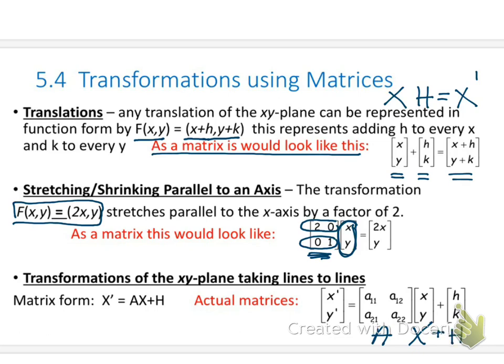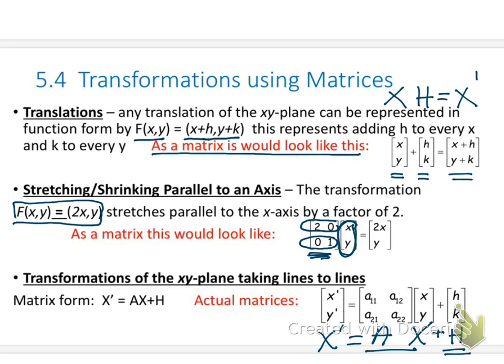And again, that's going to be the H matrix, even though it includes H and K. So this operation of matrix multiplication, followed by matrix addition, will give us our new X's and Y's, and we'll call that matrix capital X prime. That's the new X matrix that contains X's and Y's. Okay, so that's kind of a connection between transformations and this new material about matrices.